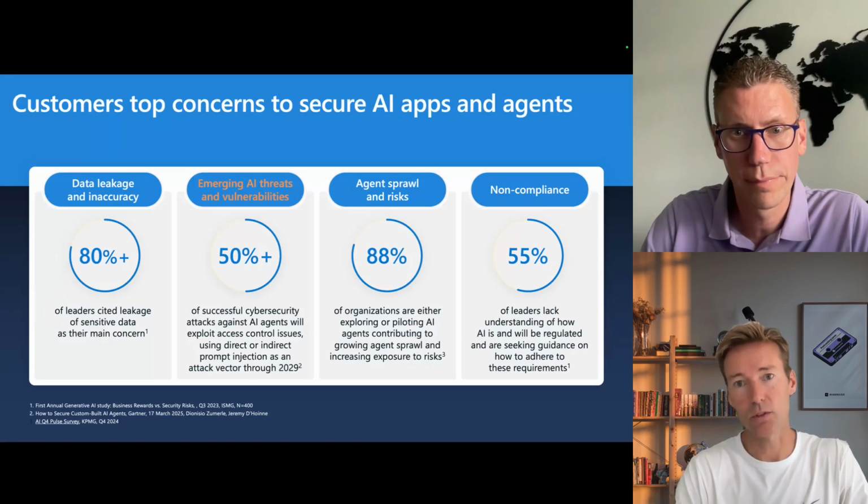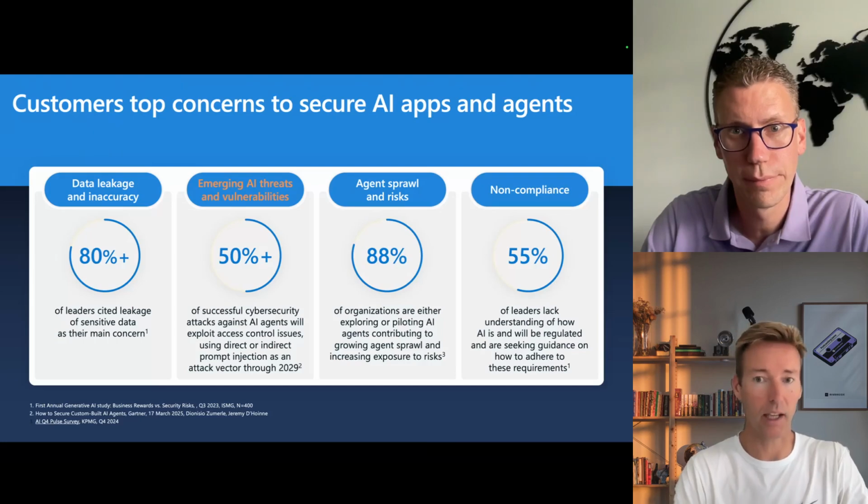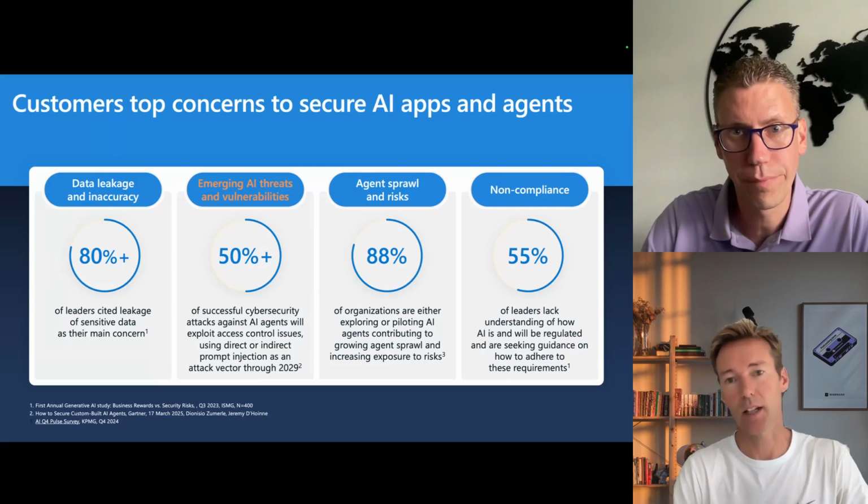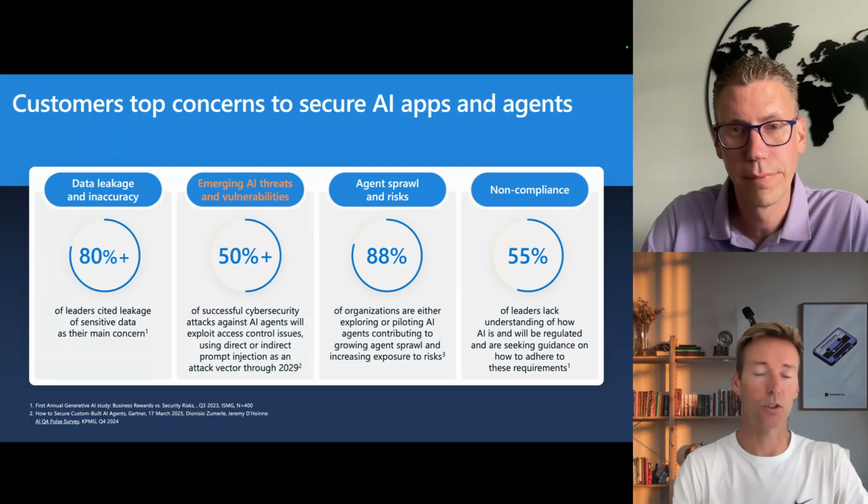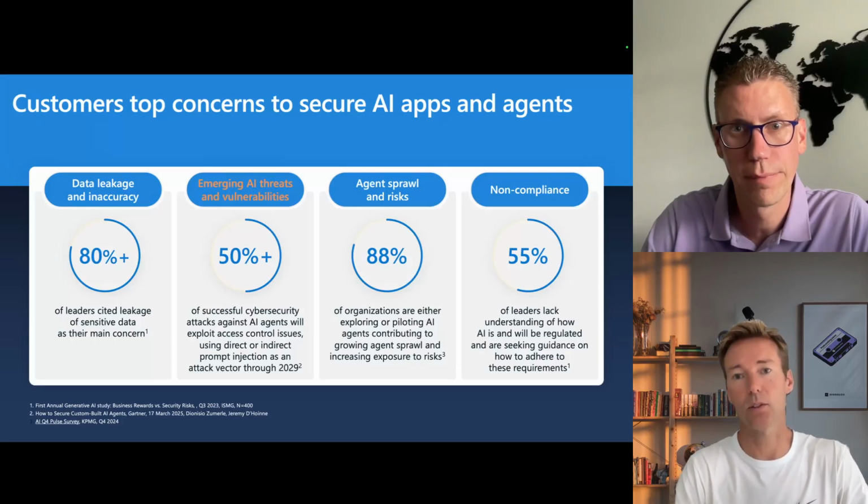The last two basically discuss the understanding of usage of LLMs and AI models. So like in the past, we were telling organizations, hey, you have to know what kind of infrastructure components you're running, because what you don't know is a blind spot, and then you can also not assess them correctly. For AI, it's exactly the same.